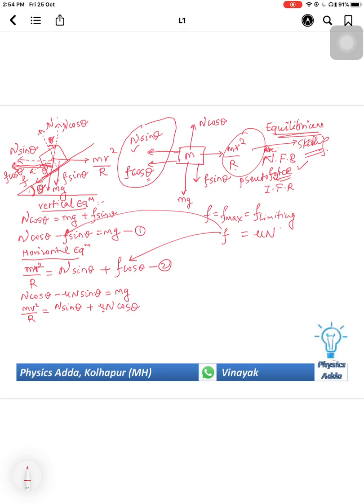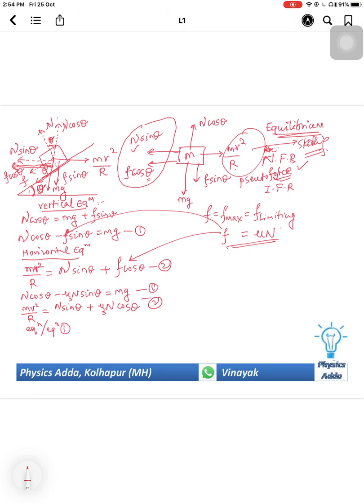Here mu is mu s, static friction. This is equation 1, equation 2 rearranged after putting f is equal to mu n. Now if you see the equation, I'll divide equation 2 with equation 1.